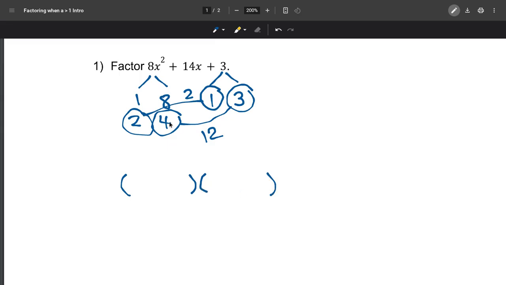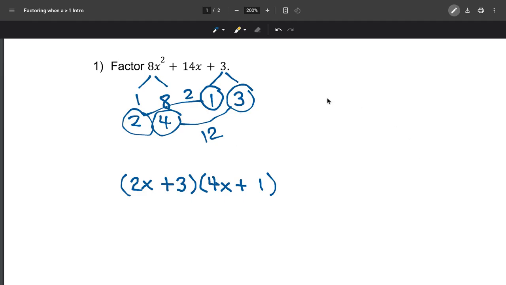And these two numbers here, the factors from 8, are going to be my coefficients. So I'm going to have 2x and 4x. And I want the 1 to multiply by the 2. So I actually have to put it over here because the outer terms are going to multiply together. I want the 4x to multiply by the 3, so I'm going to have to put the 3 here.